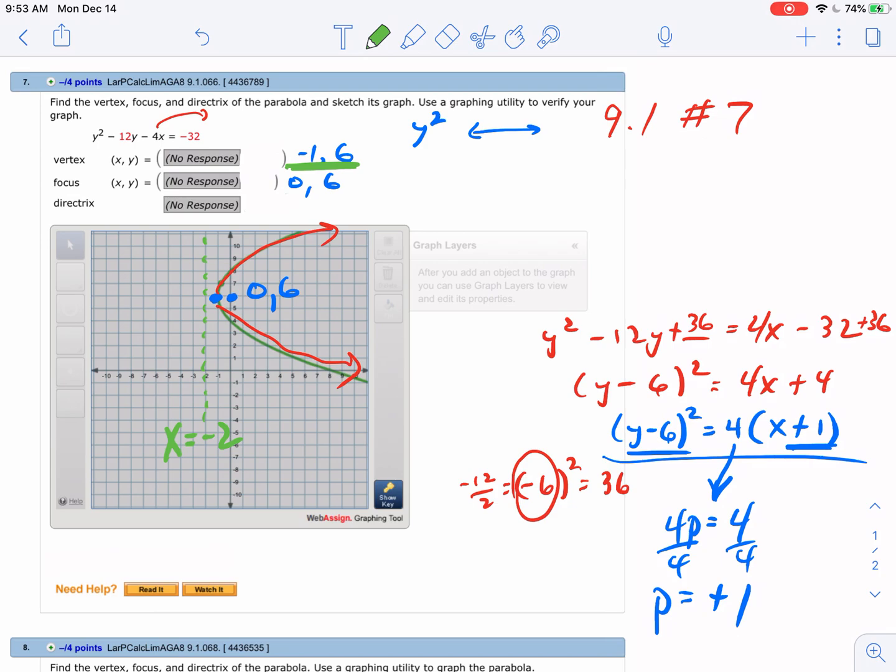When you go to graph it, if they ask you to graph it, you'll go down here and select the parabola tool. And then in graph layers, you can put in your vertex as one of the points, but then you need to find a solution point.